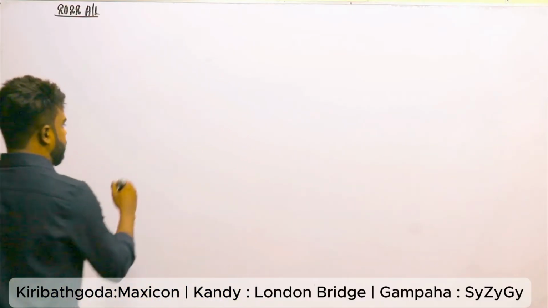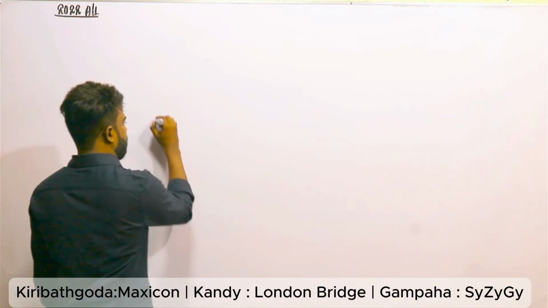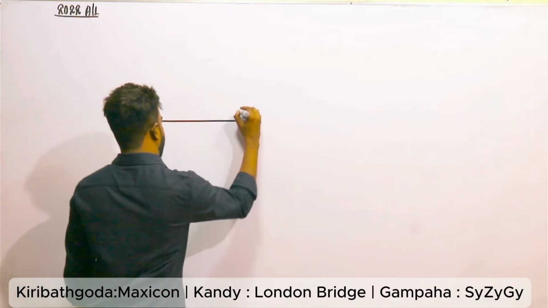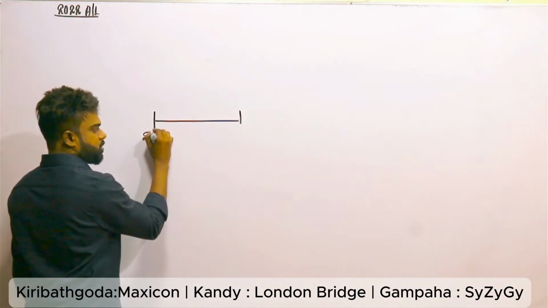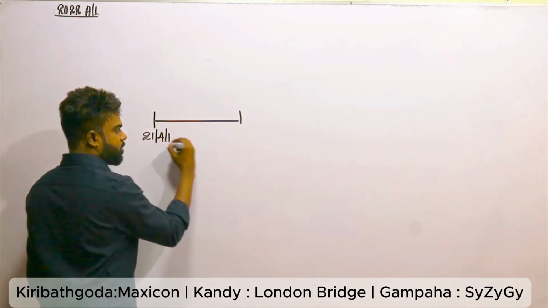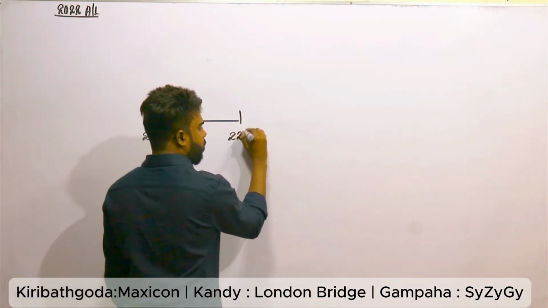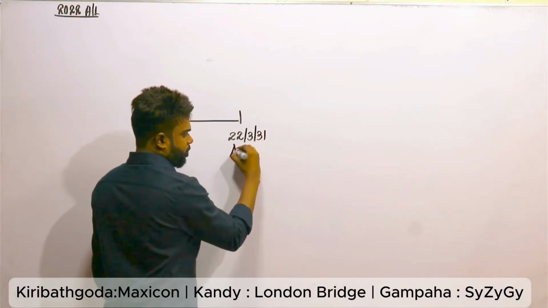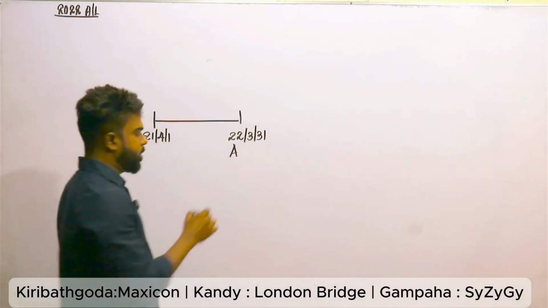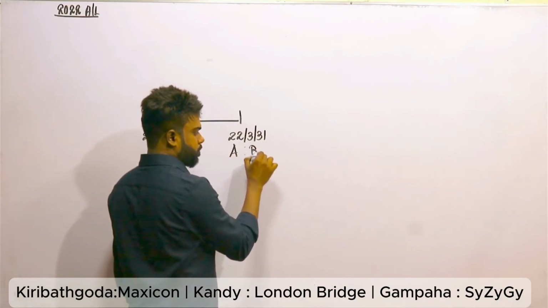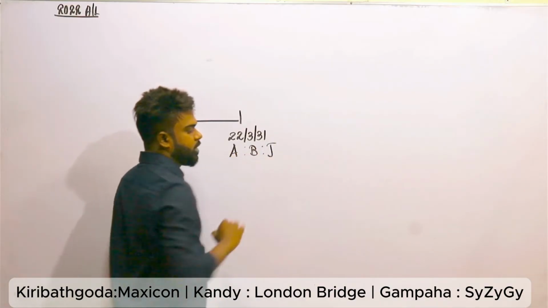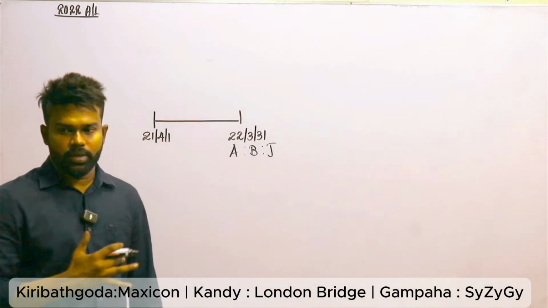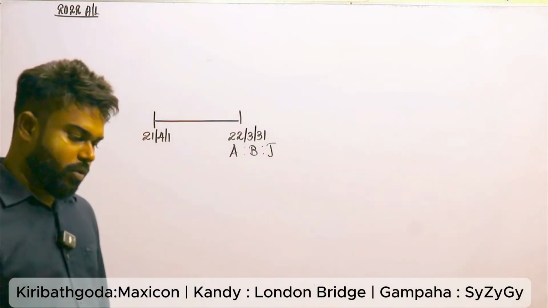I think there are 3 partners, Amal, Banu and Jayani. The business started on 1st April 2021, and the year ended 31st March 2022. So I think Jayani retired, right? Yes, a retirement, right?